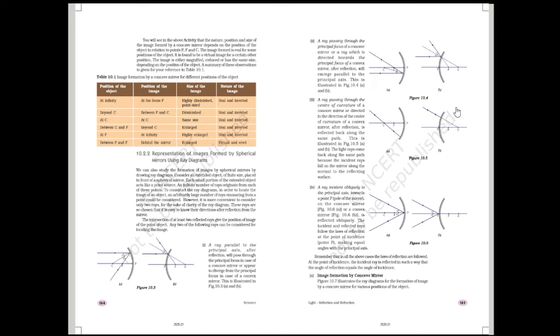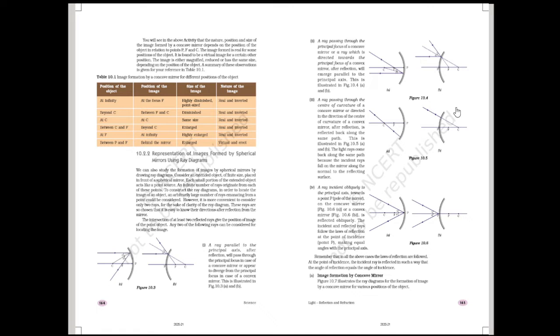First, a ray parallel to the principal axis, after reflection, will pass through the principal focus in case of a concave mirror, or appear to diverge from the principal focus in case of a convex mirror, as illustrated in figure 10.3 A and B. When the ray comes from far away, from infinity, and touches the reflecting surface, it always passes through the principal focus in the case of a concave mirror.